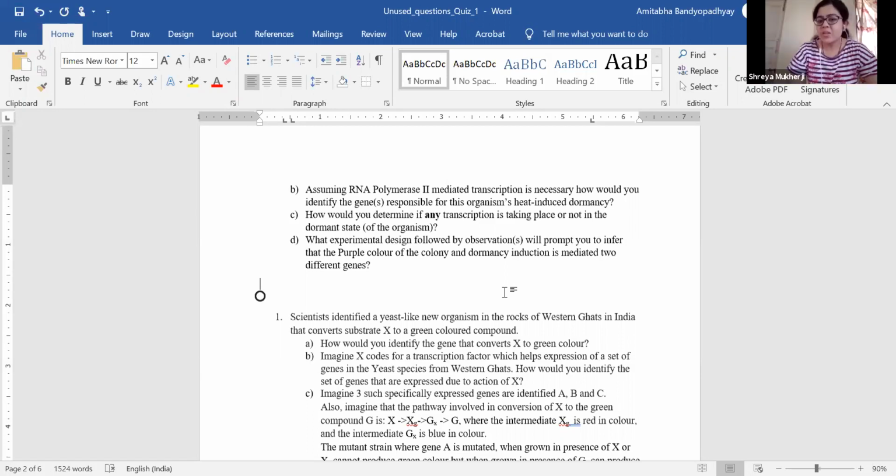Okay. Sir, one more thing, for this co-transcription translation, how much stretch of the mRNA needs to be synthesized before it can start translating? I do not remember exactly, but I think 20 to 25 nucleotides. Okay, so only that much stretch will be detected. No, it does not have to be detected only there.